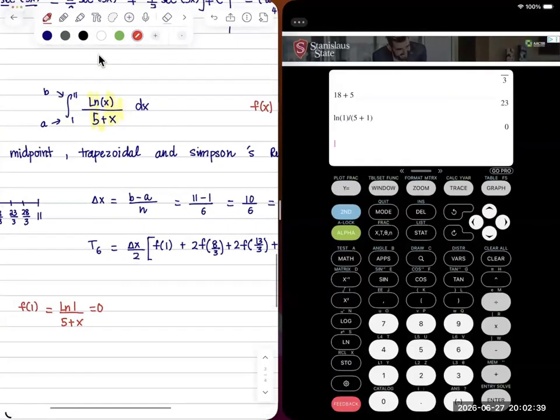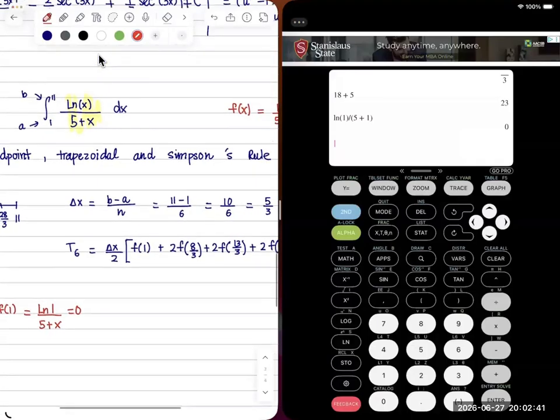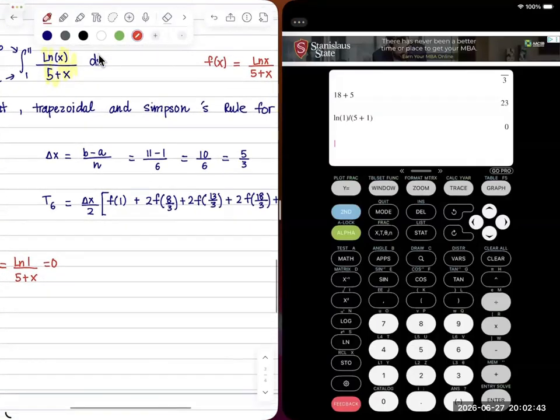Now for f of 2, I will do delta x, which is 5 over 3, so I write 1/2 times 5 over 3. And then the first term is 0. Now the second term, 2 times ln of 8 over 3 over 5 plus 8 over 3.